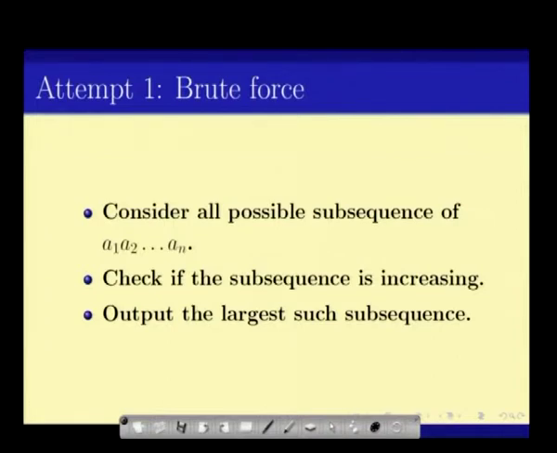At the end, we output the longest of such subsequences. Clearly, this will be the right output, because we would exhaustively search through all the subsequences, and we will be outputting the longest subsequence which is increasing also. So this approach is clearly an algorithm that will find it out.